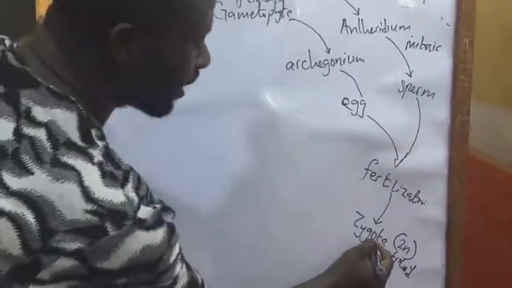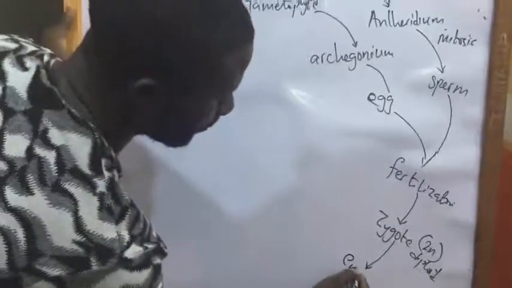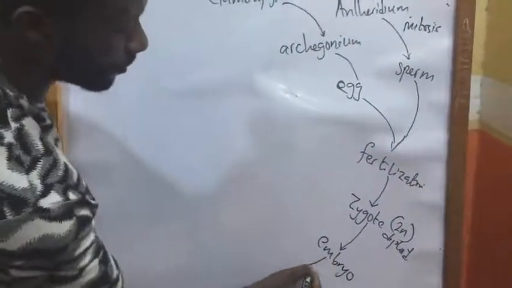The zygote then grows to become an embryo. The embryo grows to become mature sporophytes.